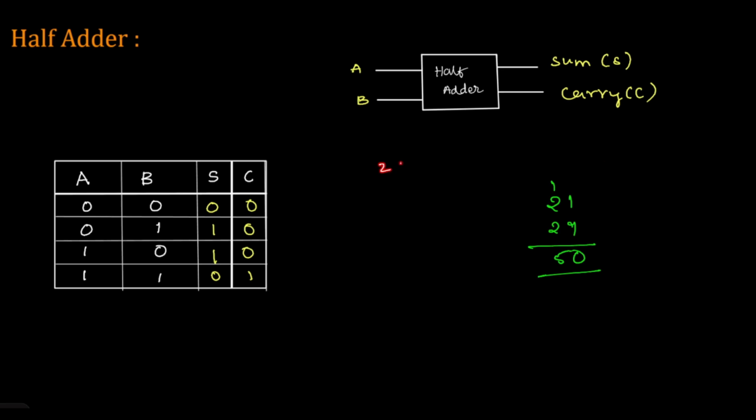You can write this as 21 base 10 plus 29 base 10. So whenever I get the highest value, I take my sum as 0, and I take carry as 1. Here also we are taking the same. For 2 power n, with two input variables, my maximum number is 0 to 3. So if I get 3, then I will take 0 and 1. That is how you will write the truth table of the half adder.